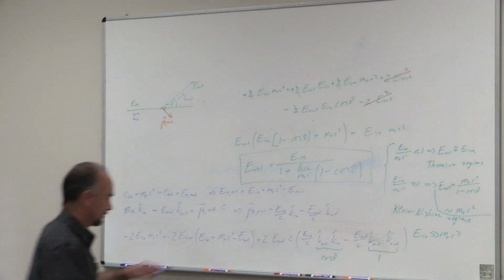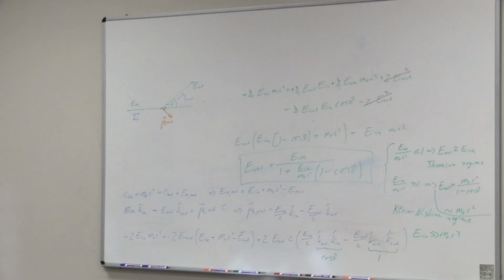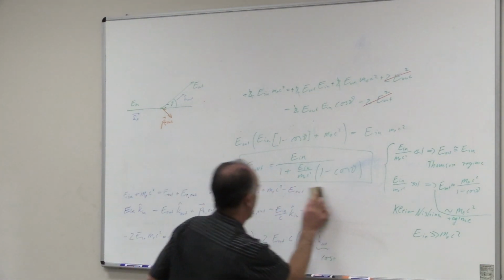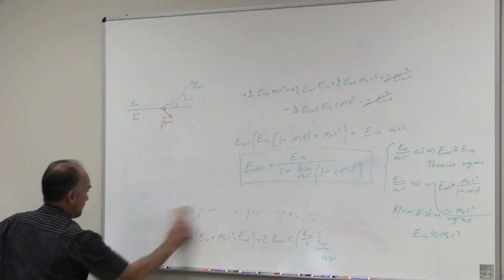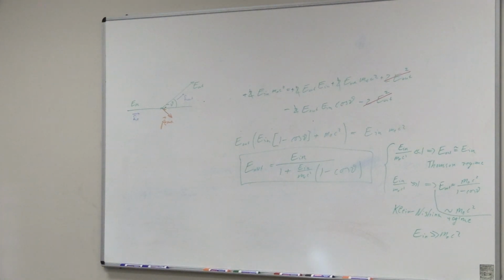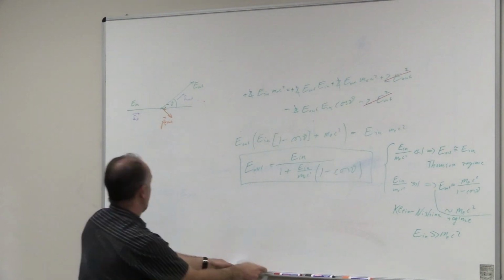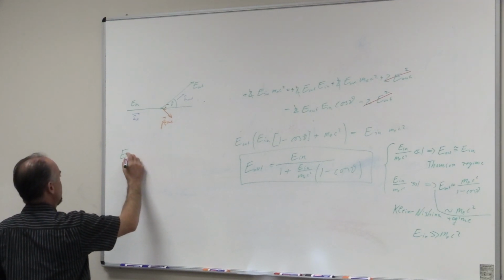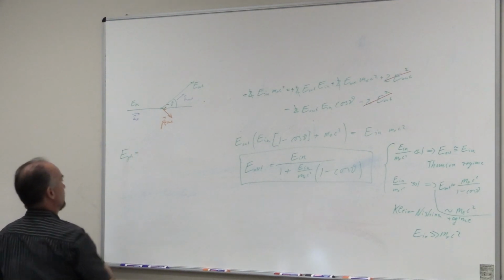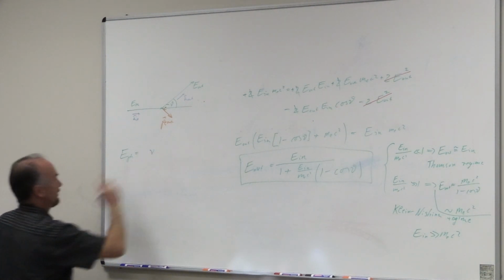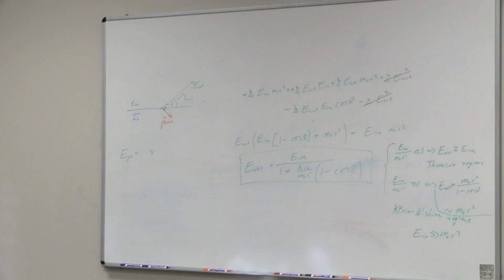Good. So maybe one last thing on the Compton scattering. Photon energy. How can we relate that to the photon frequency, the frequency of the light observed?